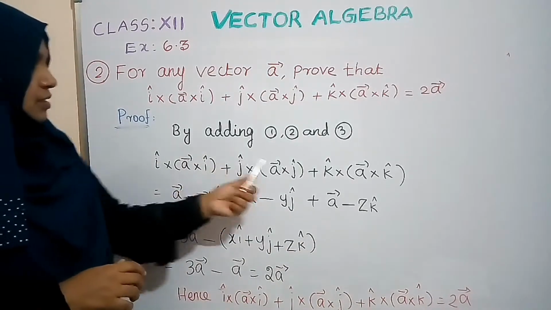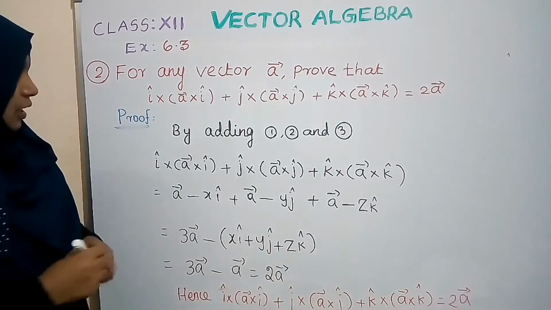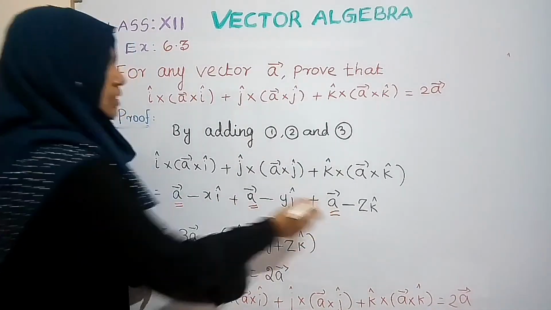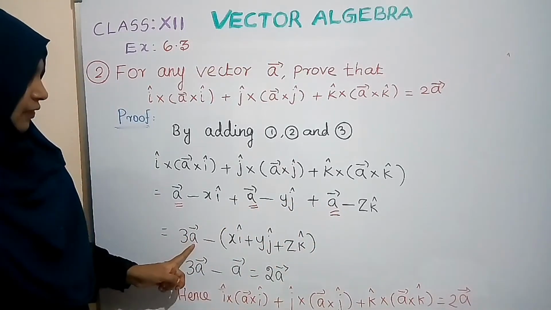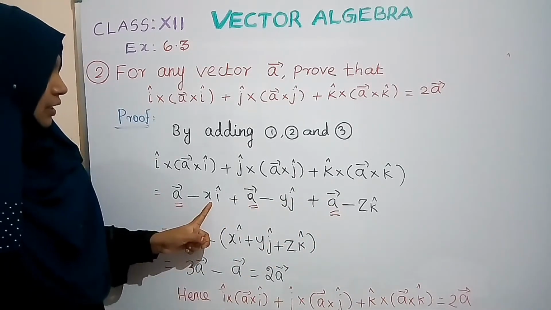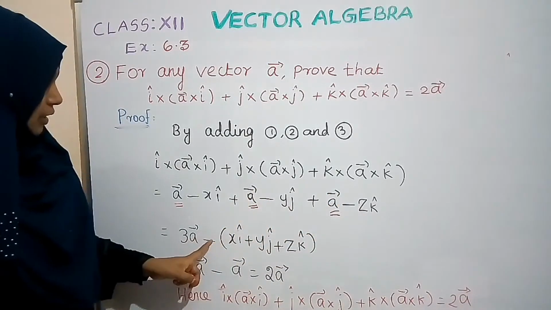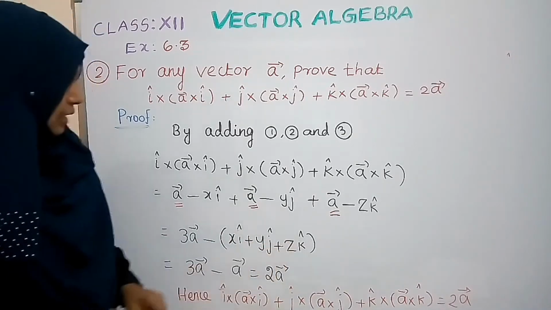So our LHS is equal to the sum of all these three answers. Now add A vector plus A vector: we have A vector three times. So it can be written as 3a vector minus xi vector minus yj vector minus zk vector. That can be written as minus of xi cap plus yj cap plus zk cap.